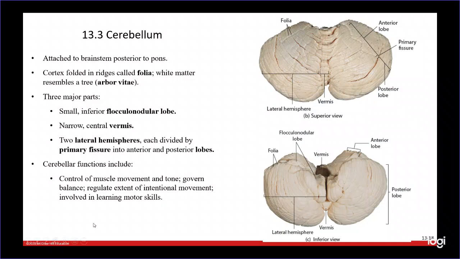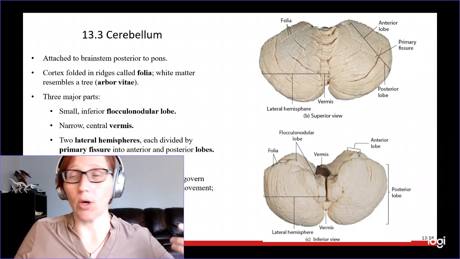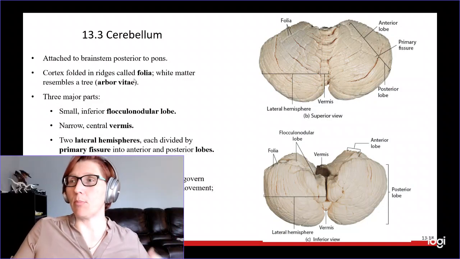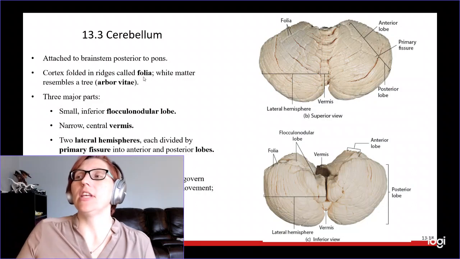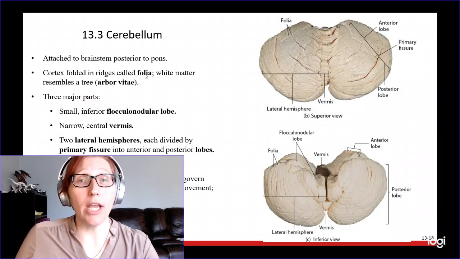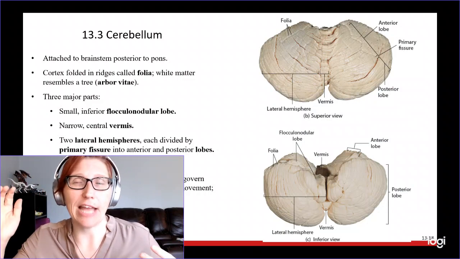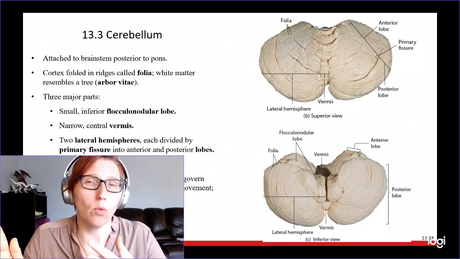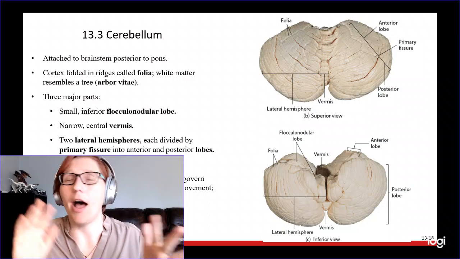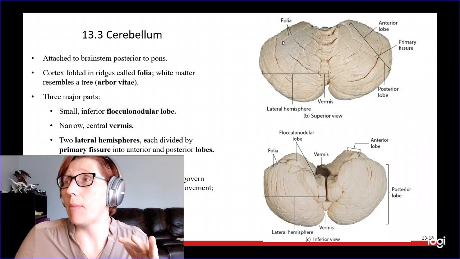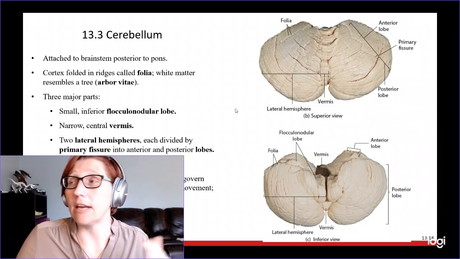I don't know how, but that is what they saw. And I think it's one of the cooler naming conventions with the brain. And then there are these folded ridges that are called folia. So if you think about foliage, they even named that and related that to a tree. If that helps you remember, I just think it's cool when we come up with naming conventions that are creative and help us remember things.